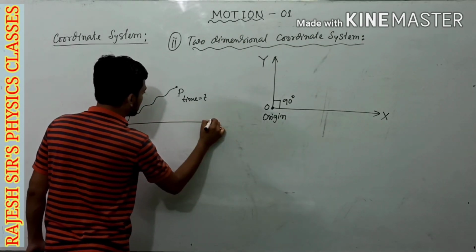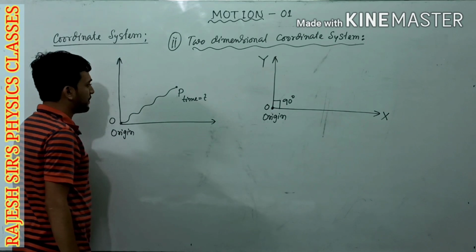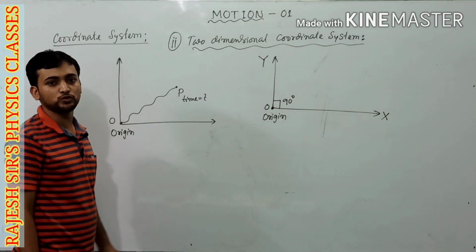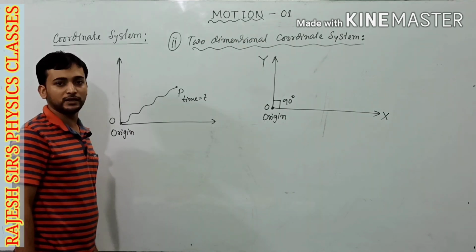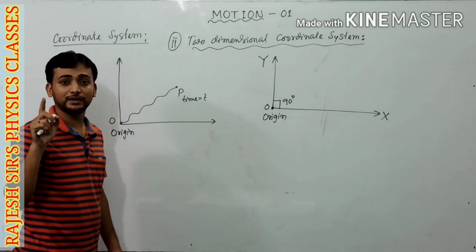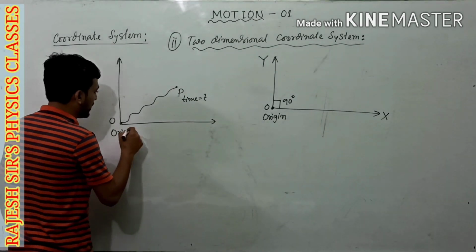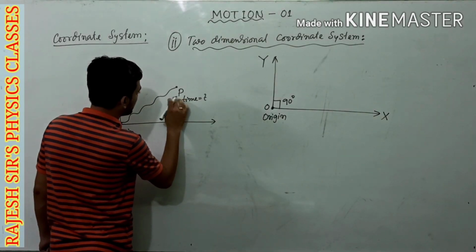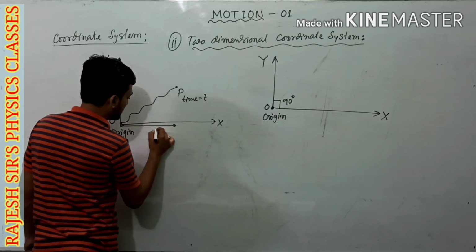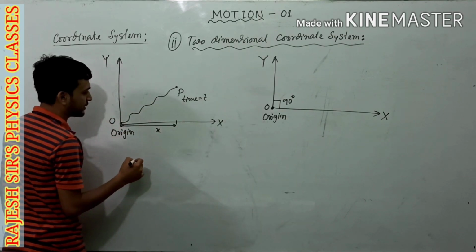So in this case, since the ant is moving on a plane and the plane is two-dimensional. Two-dimensional means in order to construct a plane we need two directions, its length and breadth. Now what we will do, we have to move up to a distance x along x-axis.